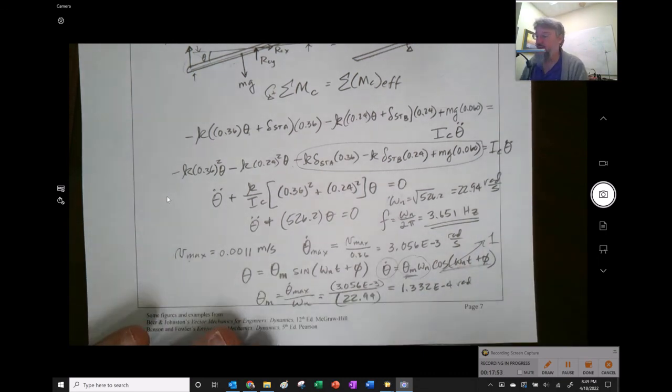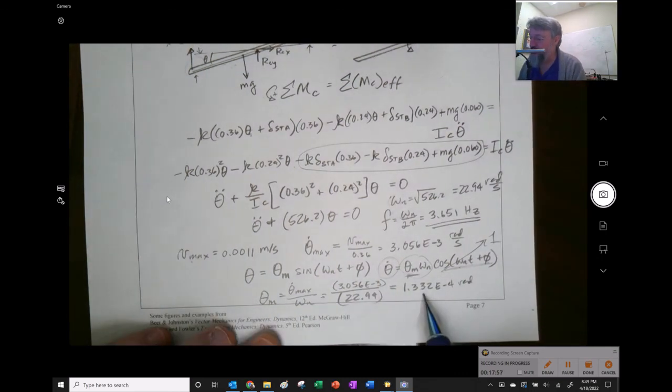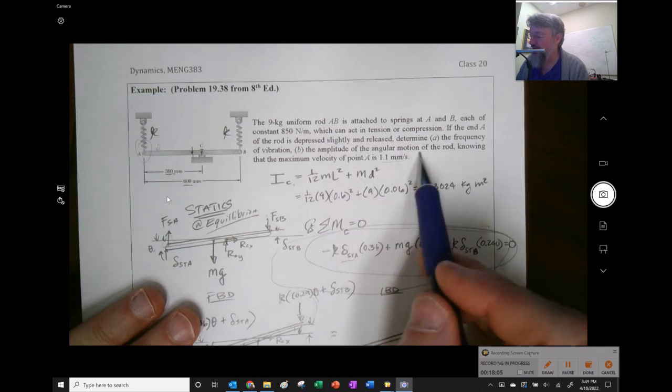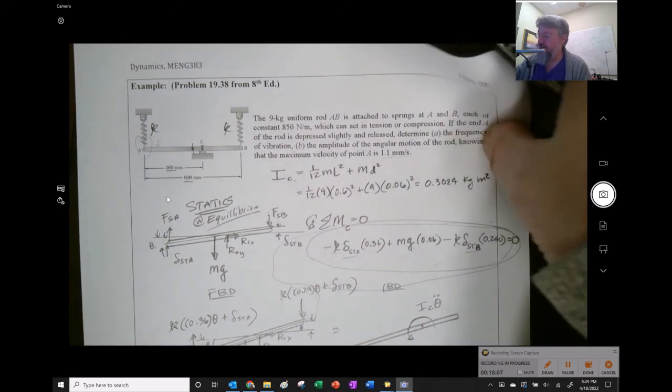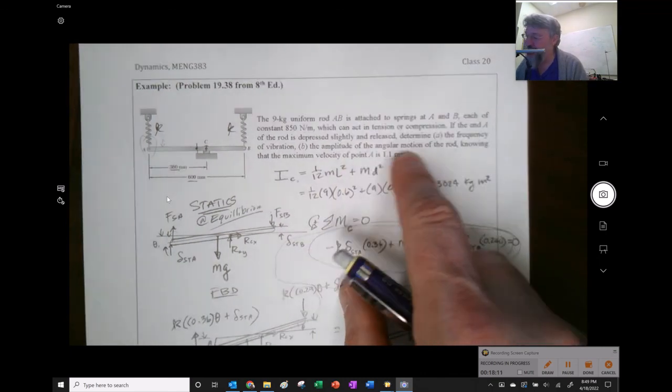And if for whatever reason somebody wanted it in degrees, right? So this is the amplitude of the angular motion of the rod, right? So that's what we were asked for right here. The amplitude of the angular motion of the rod. And they want angular motion, right?